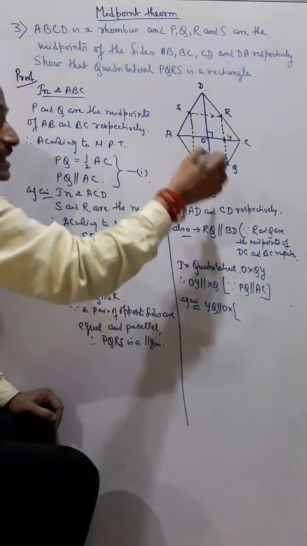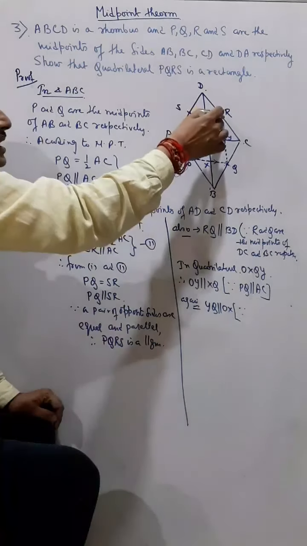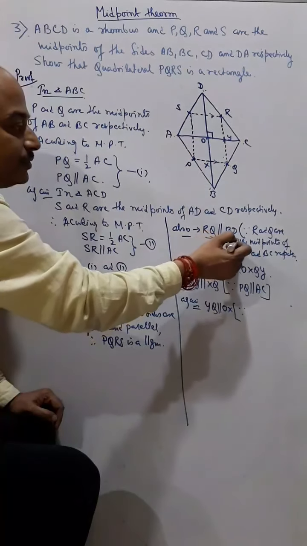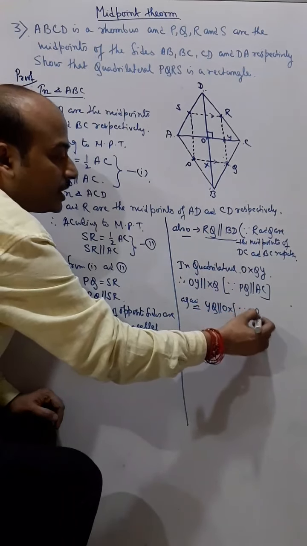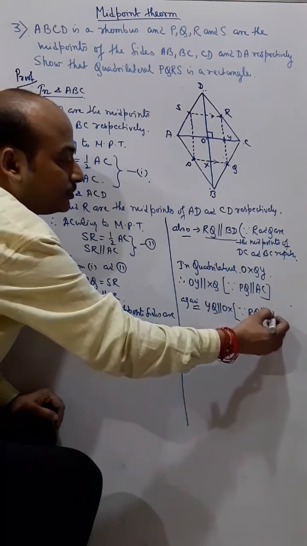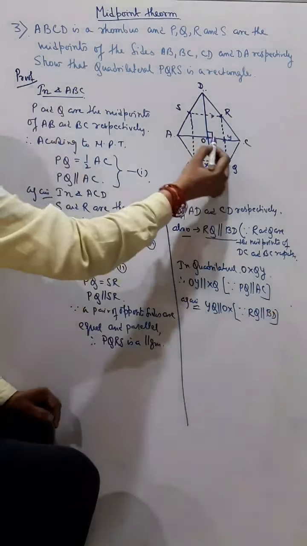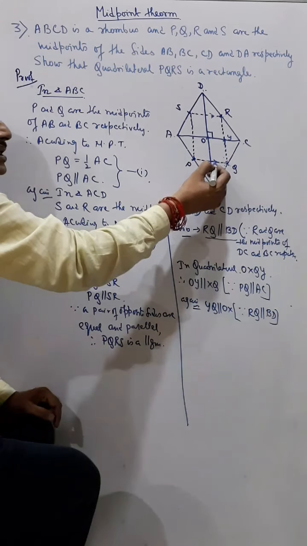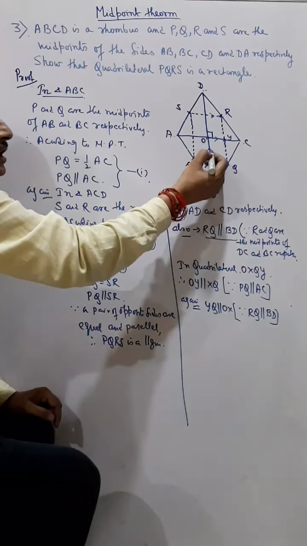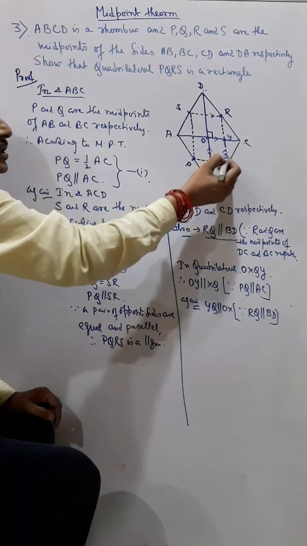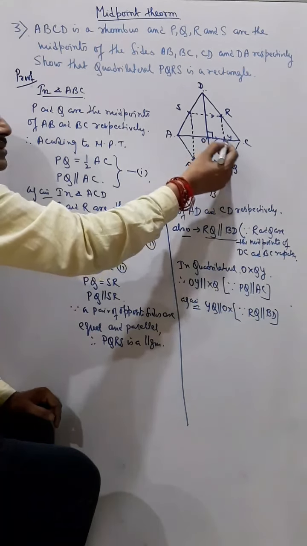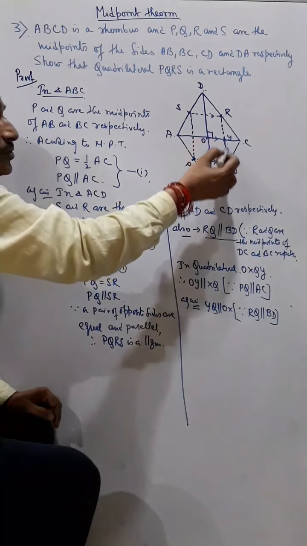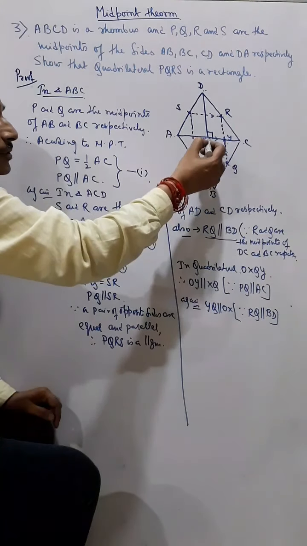Why? Since RQ is parallel to BD, just now we have proved. Since RQ is parallel to BD, so you can understand in this quadrilateral, this is parallel to this and this is parallel to this. So since the opposite sides are parallel, I can say that this quadrilateral OXQY is also a parallelogram, right?